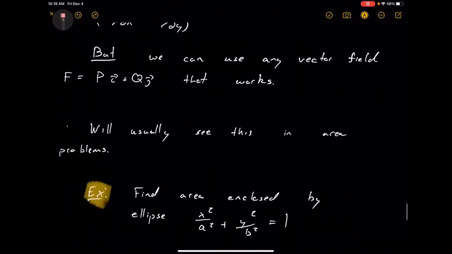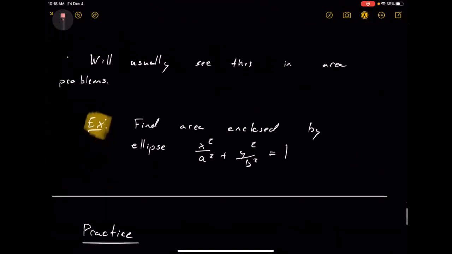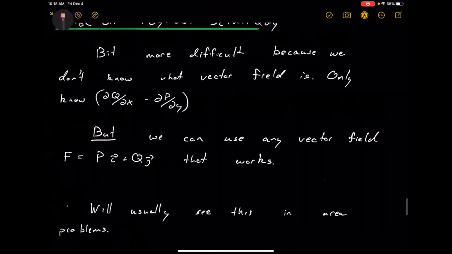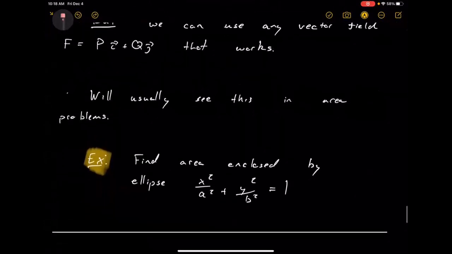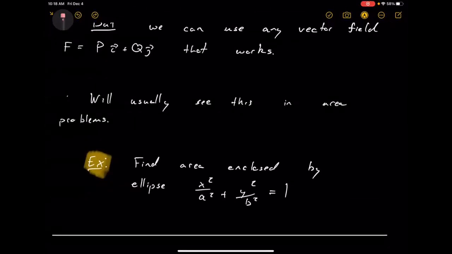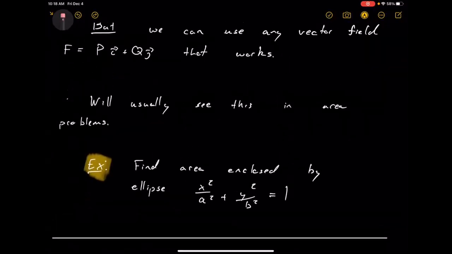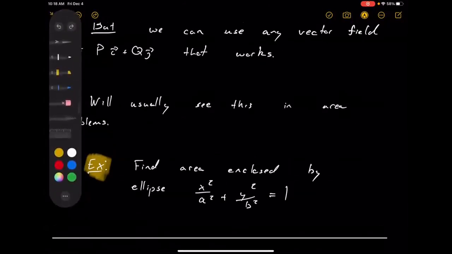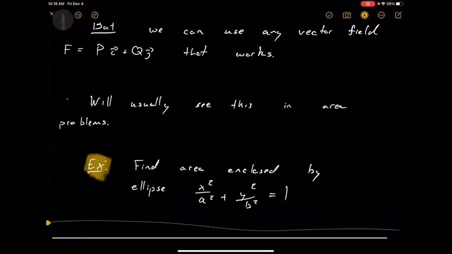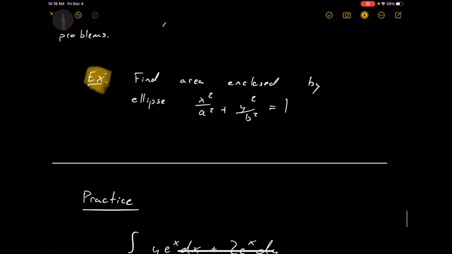Just for context, we're usually going to see these types of problems when talking about area. We're usually going to have a problem like this. Find the area enclosed by the ellipse x squared over a squared plus y squared over b squared equals 1. And this is exactly the example they give you in the textbook, example 3. So the work in here is just what the textbook has given us as well.